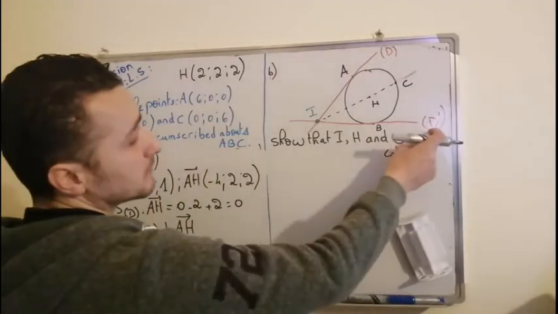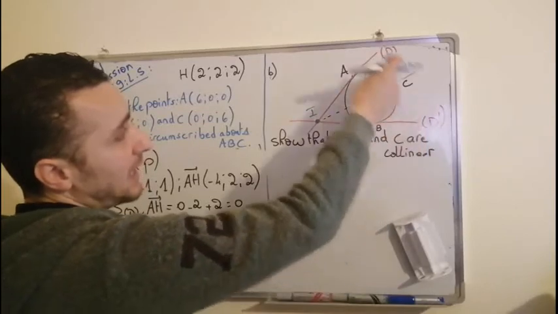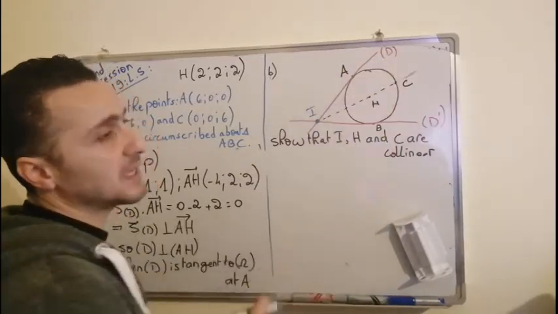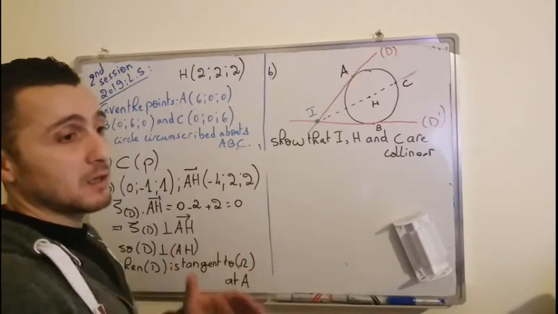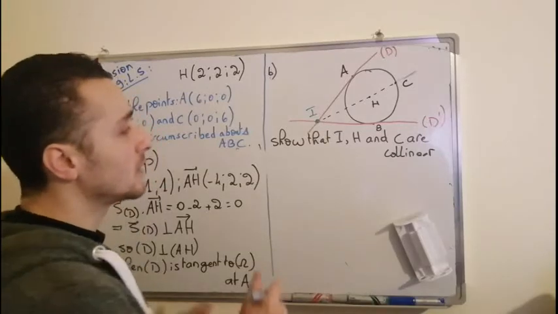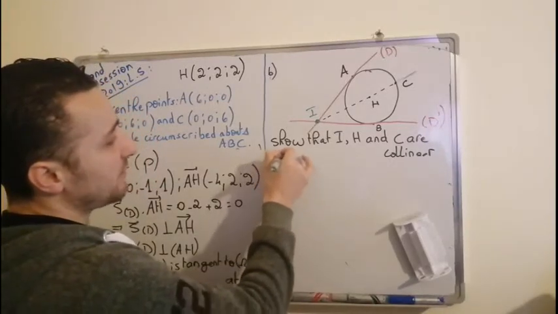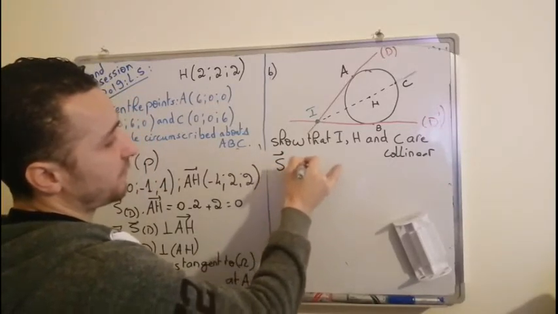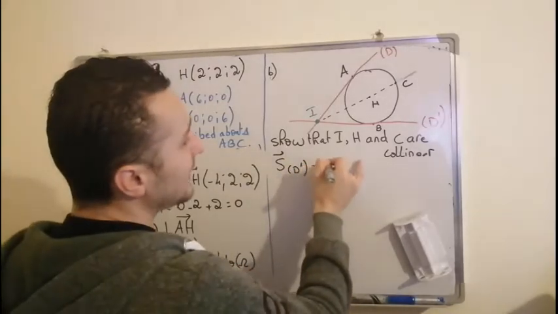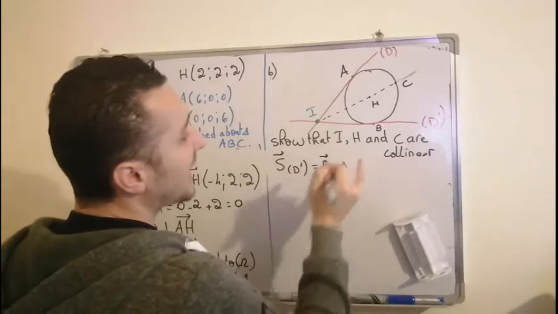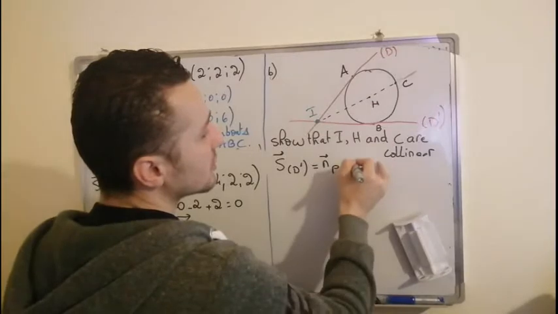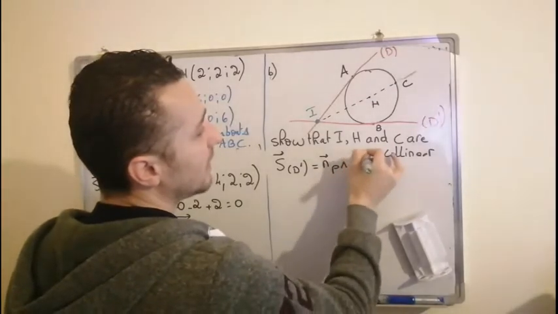D prime is the tangent to the circle gamma at the point B, and the circle gamma and the tangent are included in the plane P. So the direction vector of the line D prime is equal to NP vector product BH. Why BH?